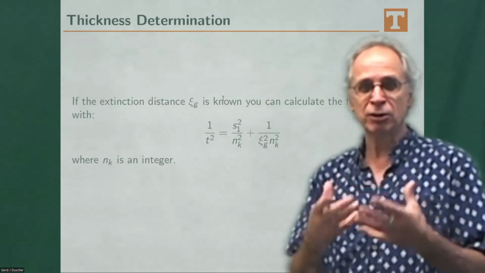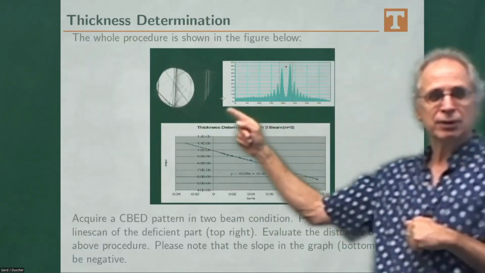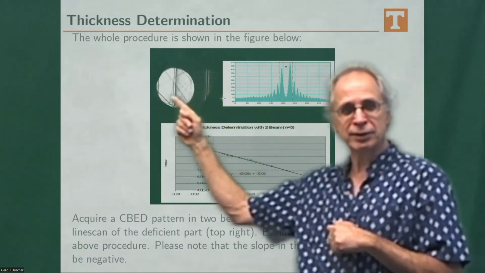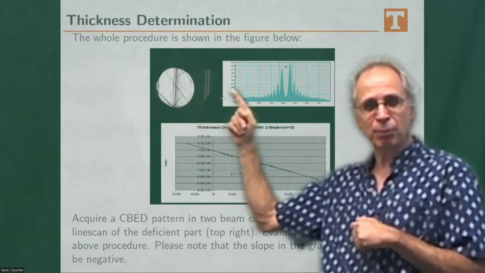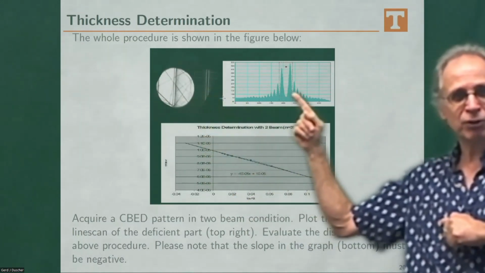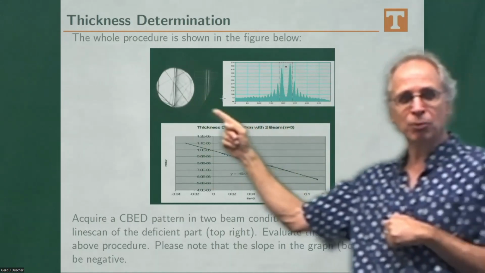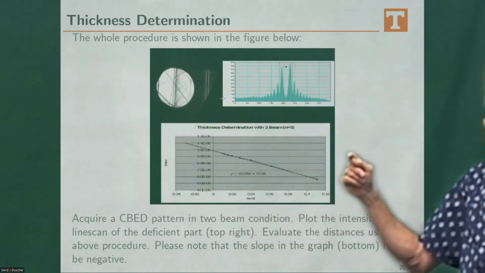relatively straightforward. And so what you get is a diffraction pattern in two-beam condition. So excitation error 0 in the center. And then you look at the profile here, which is this, and you measure how far apart those are with respect to the convergence angle. So it gives you an excitation error.